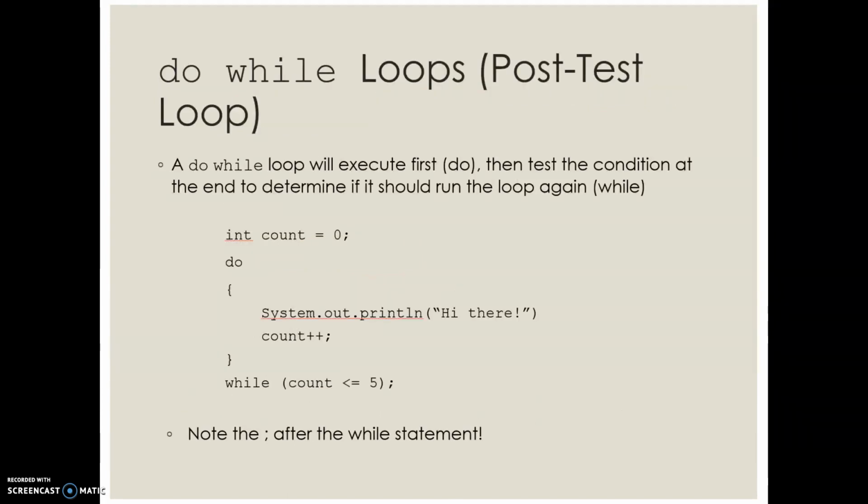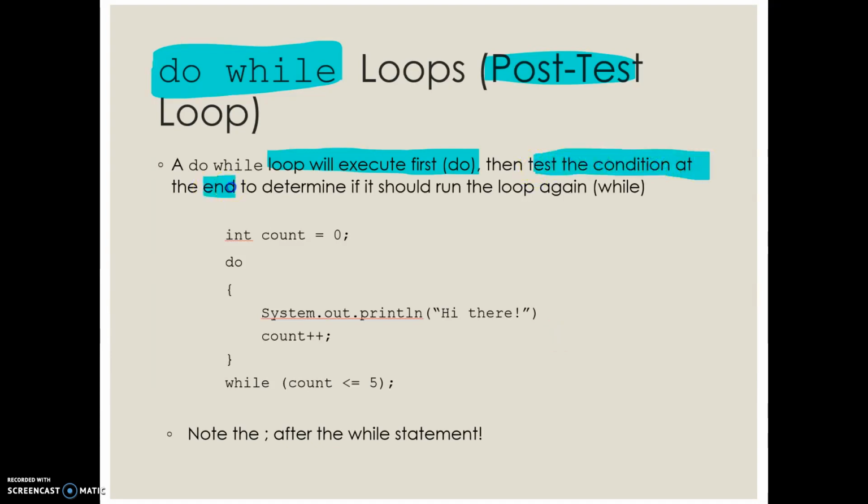Another type of loop is what's called a do-while loop. And these are a little bit less common. A do-while is what we call a post-test loop. The reason why it's a post-test loop is because the loop will automatically execute first, and then after executing, it'll test the condition at the end to determine if it should run the loop again. So notice the syntax.